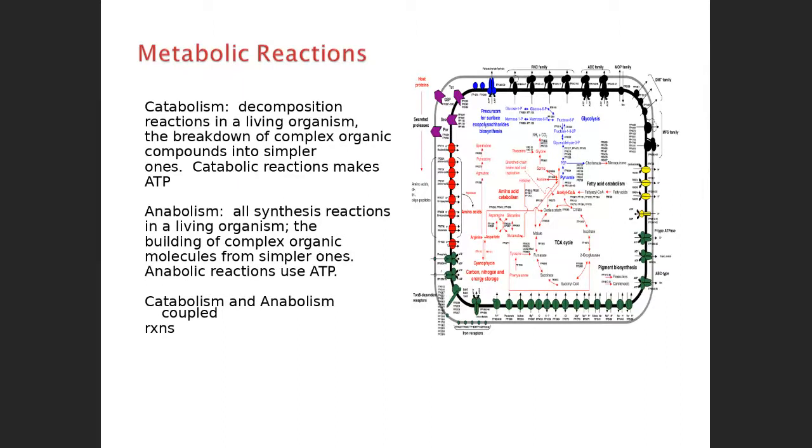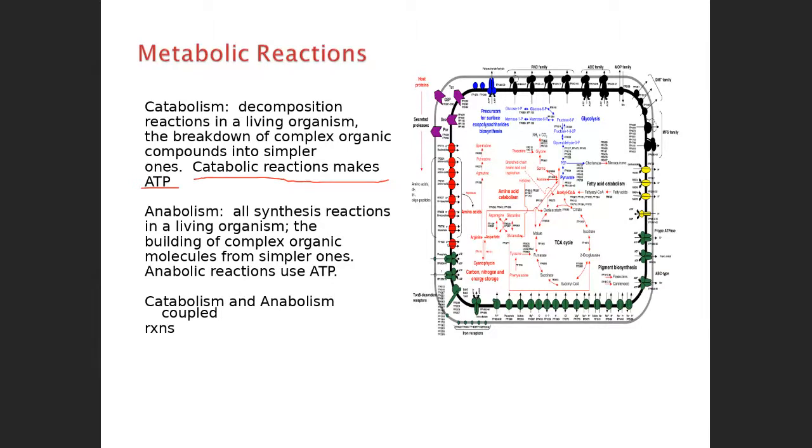Catabolic reactions, catabolism, is the taking of a large molecule like glucose and breaking it down into simpler molecules like CO2 and water. And in the process of doing that, the cell makes ATP. Okay? And that's what we're going to be focused in on for the next 40 minutes.